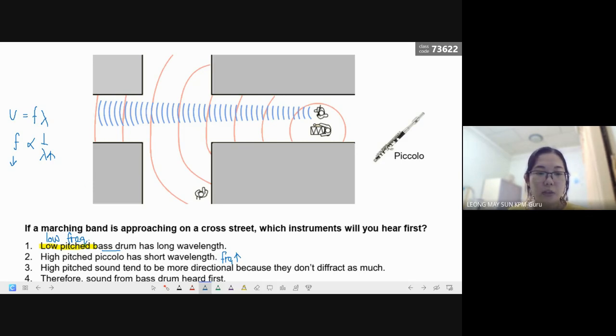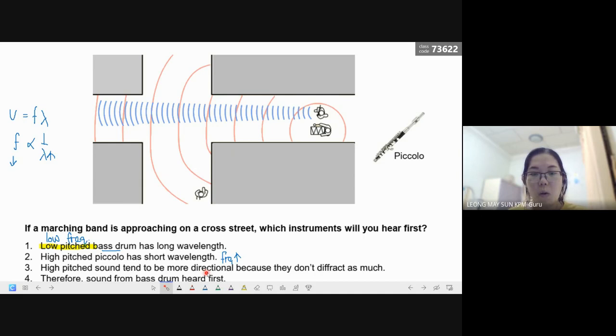So high pitched sound tends to be more directional because it doesn't diffract much. That's the reason why, what you see over here, the piccolo sound will travel in a straight line. This is the obstacle. Because high pitch means higher frequency and shorter wavelength, it goes in front more obviously.